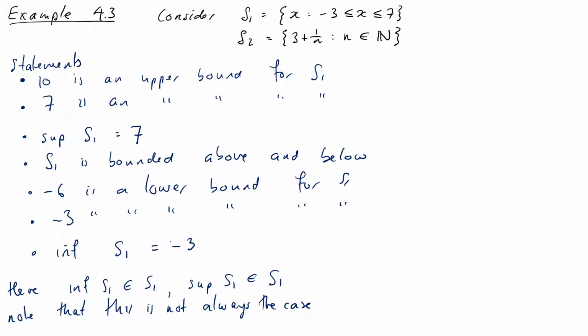So if we look at set S2 now, what can we say about that? Well, let's try and find the supremum and infimum of this set. Okay, so supremum of S2, we're looking for the smallest number that is an upper bound for S2. Now you can see as we start plugging in natural numbers, starting at 1, our sequence is going to go 4, 3 1/2, 3 1/3, 3 1/4, etc. So our supremum is going to be 4 in this case.